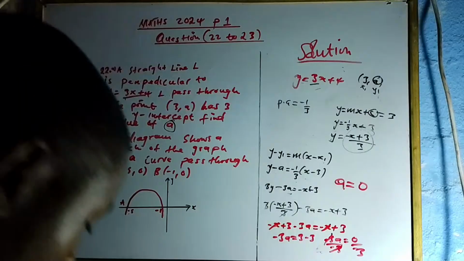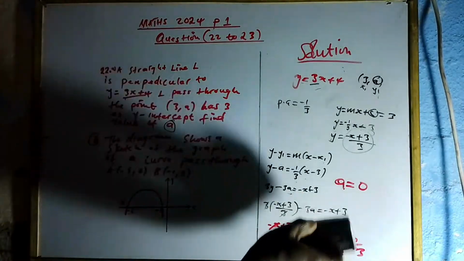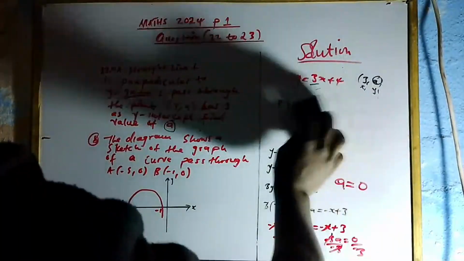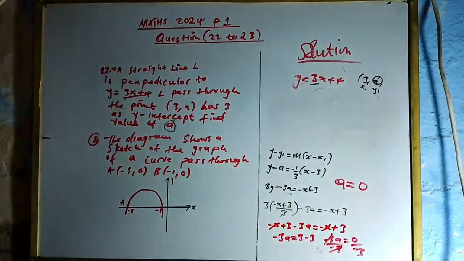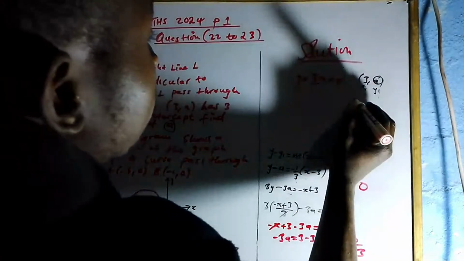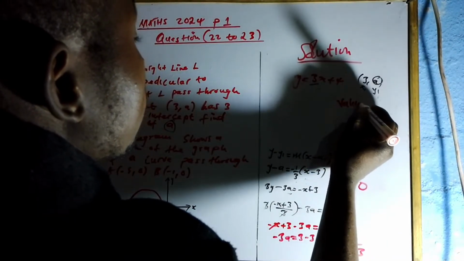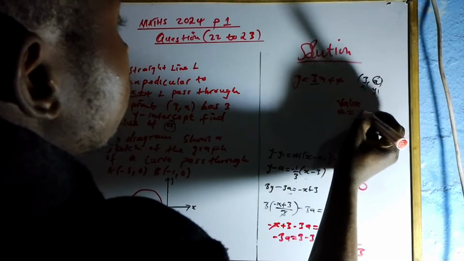So here where there is a, it is 0. So now you can say that our value of a is equal to 0.